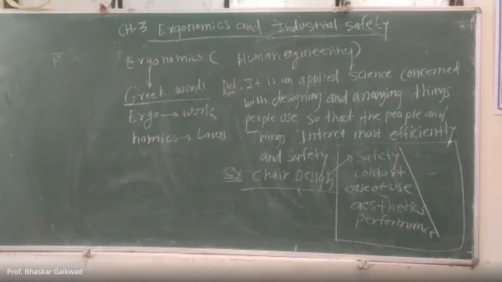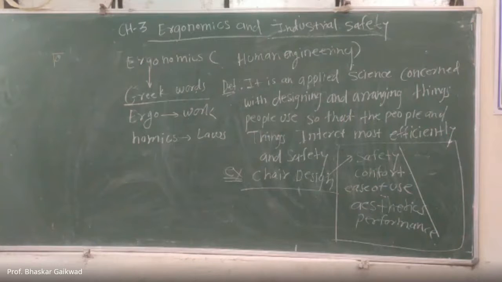So before that, does anybody have any doubt related to this introduction of ergonomics? Very simple things. Ergo means work, nomics means laws. These work laws were made in the Greek language, and nowadays it is called ergonomics, meaning human engineering.